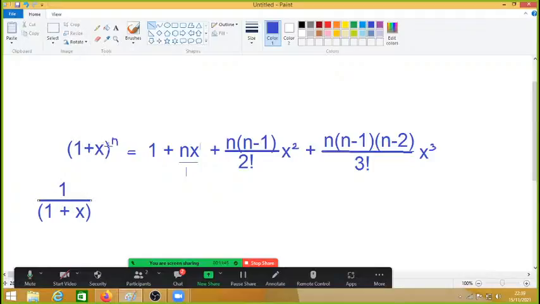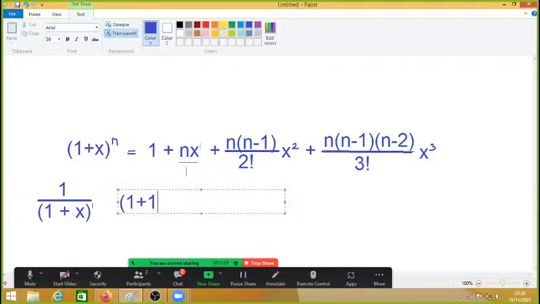We don't want any fraction at all. So you have to remember from year 1, how are you going to rearrange or rewrite this? 1 plus x is really 1 plus x to the power 1. And then I can bring it to the top of the fraction as long as I change the sign on that power. So 1 over 1 plus x to the power 1 is really 1 plus x to the power minus 1.